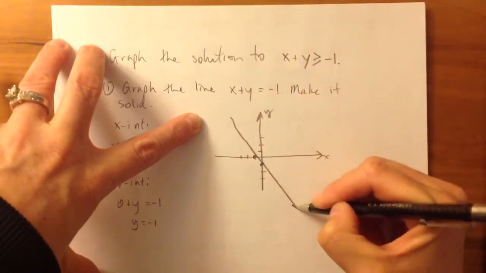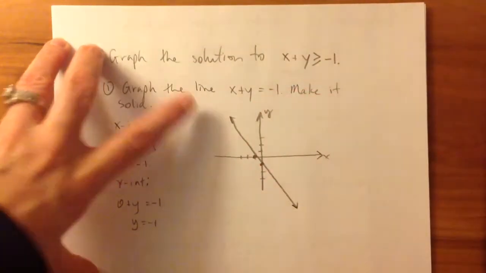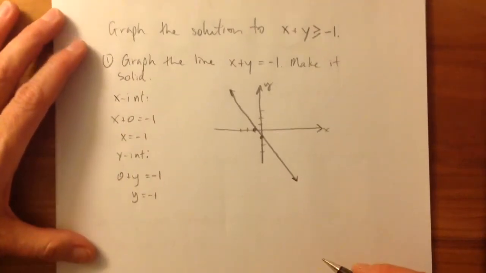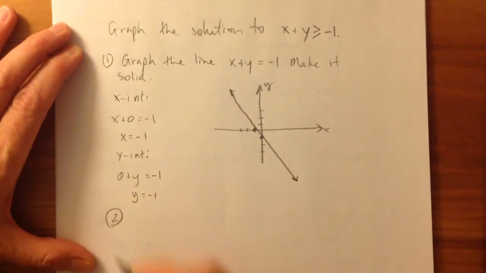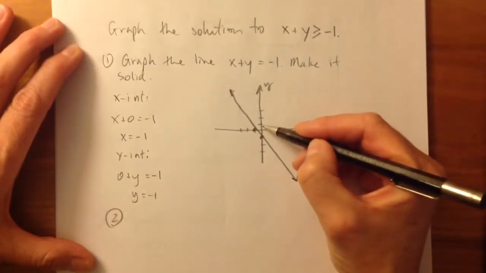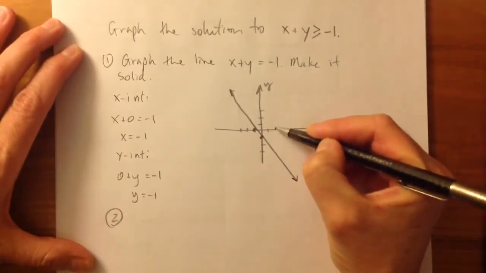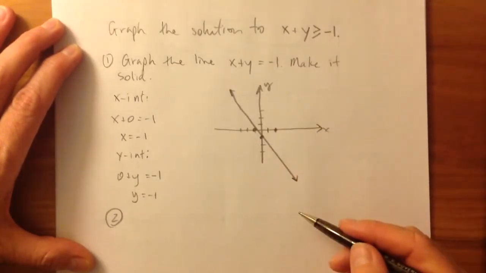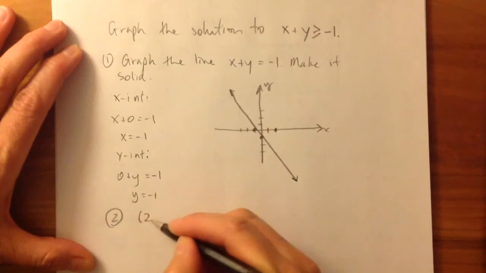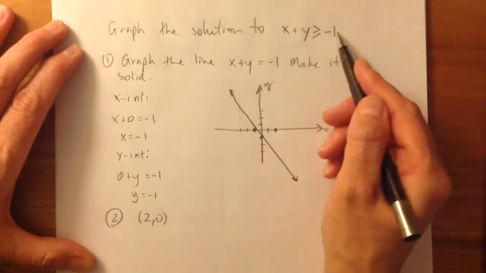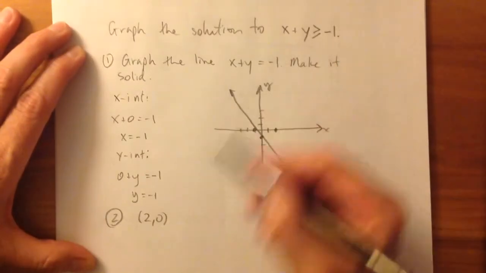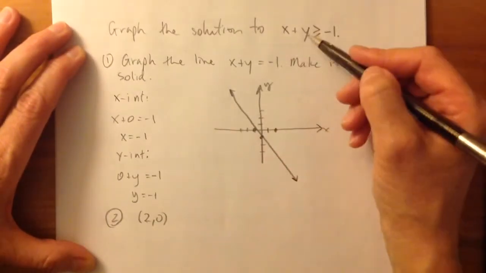All right, so here's our line. Next up, we're going to pick a point not on the line. So I know that the point (2, 0) is not on the line. So we'll look at (2, 0), and the question is whether or not (2, 0) solves this. So I put the 2 in for the x and the 0 in for the y.